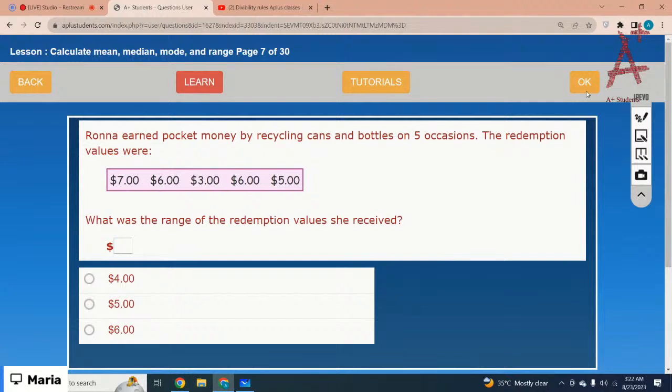For the range, you have to find the minimum value and the maximum value of the data and just subtract them. So you have to do 7 minus 3. 7 minus 3 is 4. The range of the data is 4.